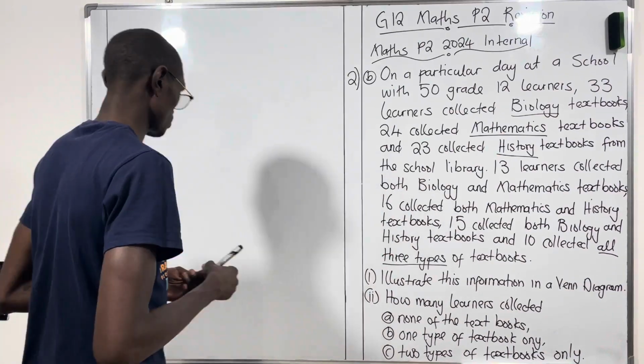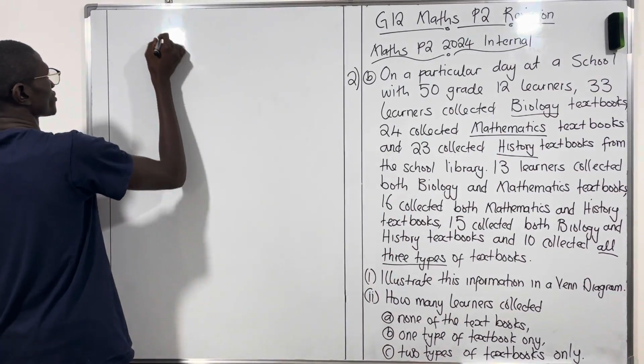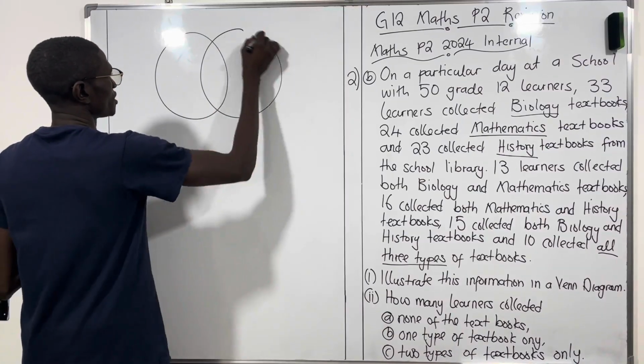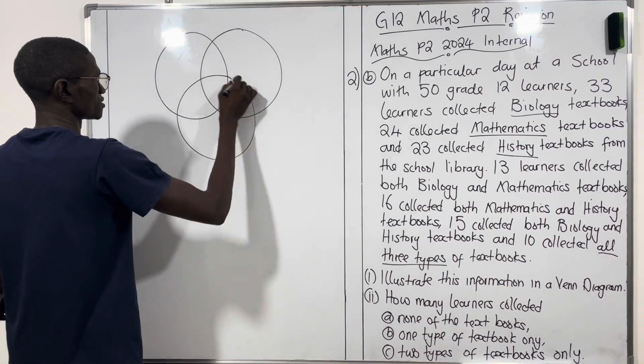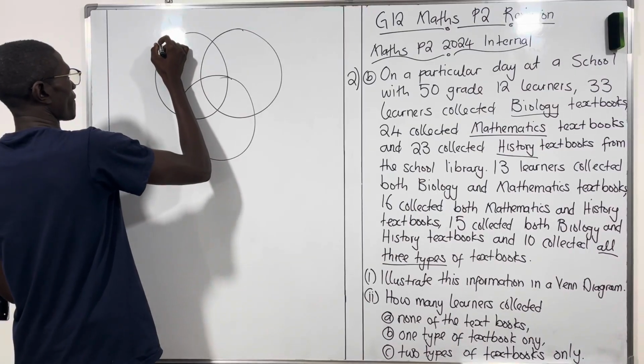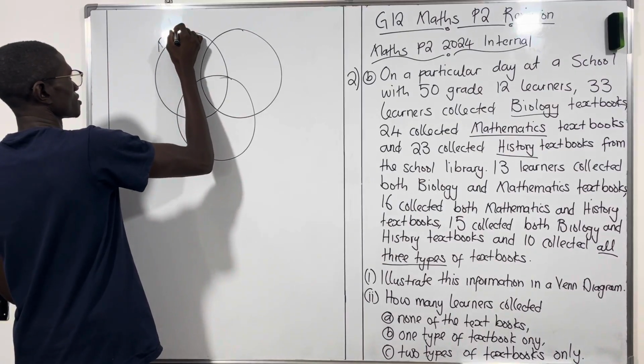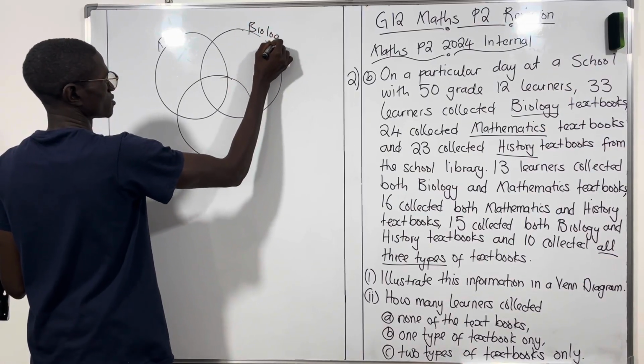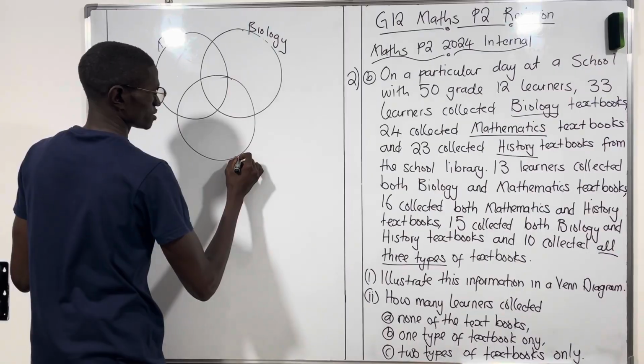So what we're going to do is come up with a Venn diagram first. Let's draw our three sets like that. Let's call this one math, this one biology, then this one is history.